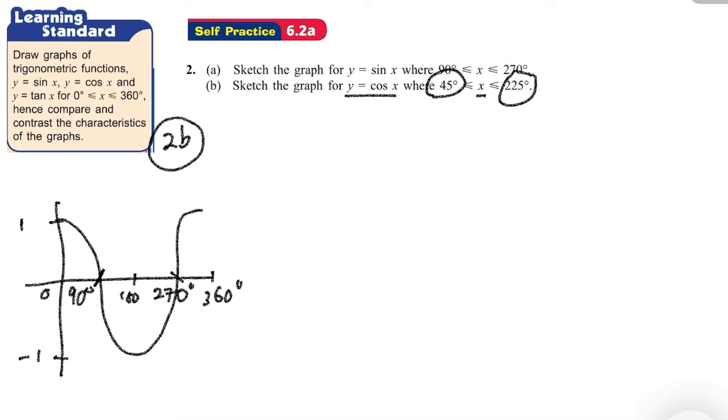So when it says x is more than or equal to 45 degree and 225 degree, we need to check where 45 degree is. 45 degree must be in the middle here, and then 225 degree must be in the middle of 180 to 270.